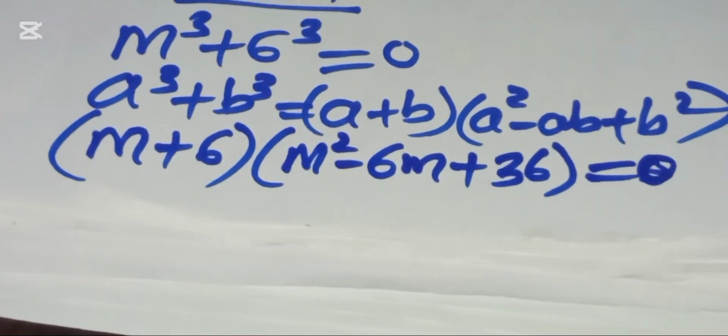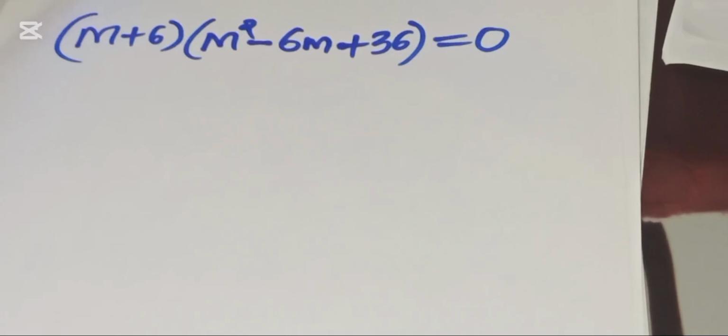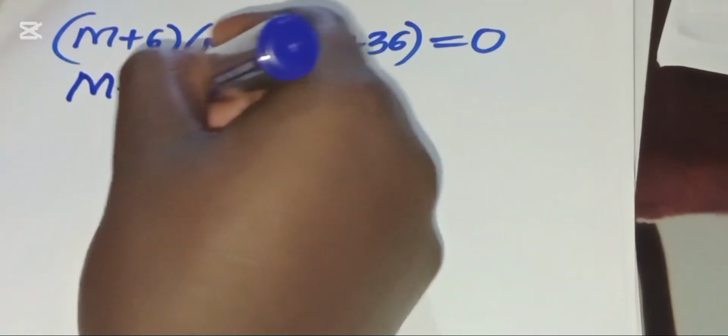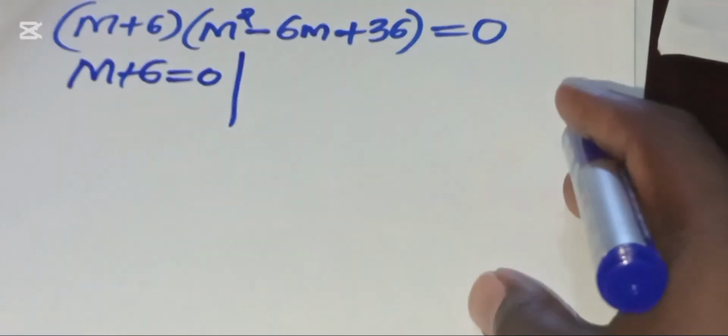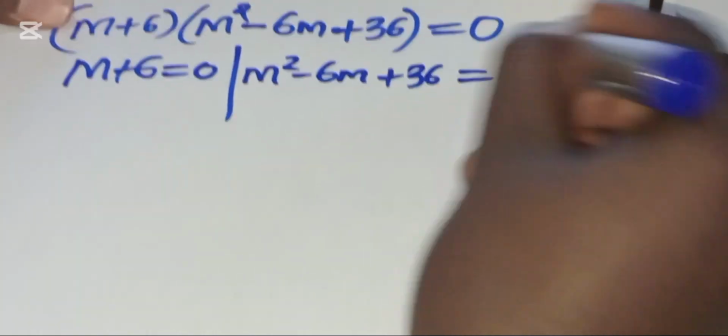So let's proceed quickly. I have two parts here, which are m plus 6 and m squared minus 6m plus 36. The first part, m plus 6, is equal to 0. And the second part, m squared minus 6m plus 36, is equal to 0.